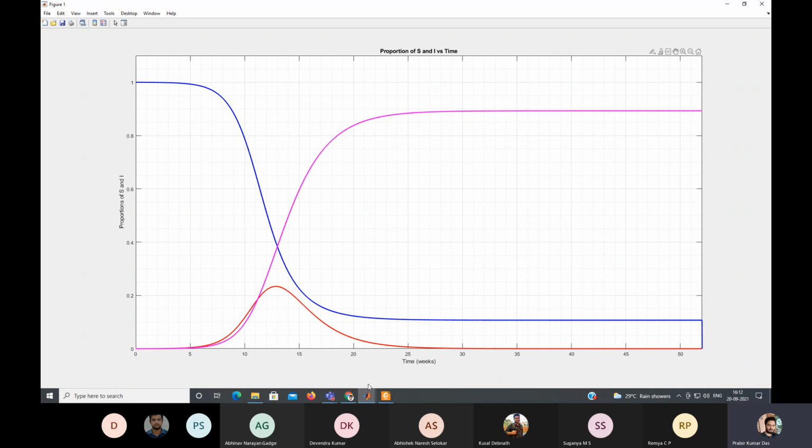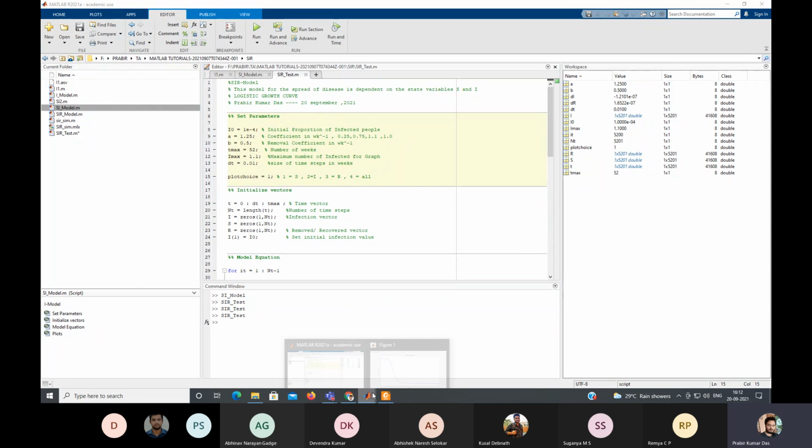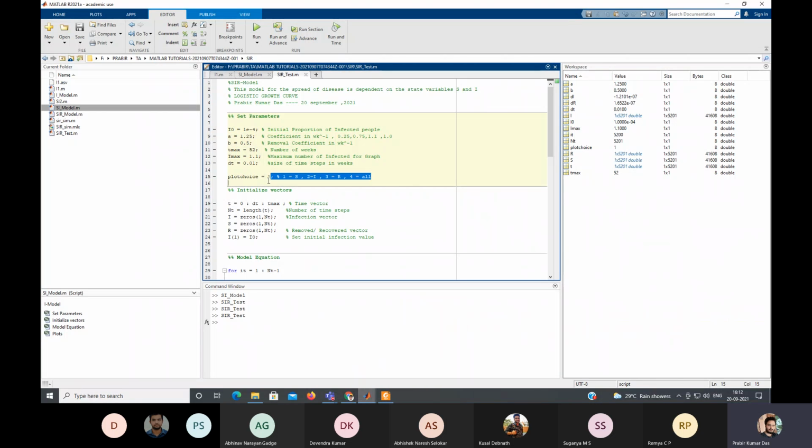So R versus T. We can also plot it differently. If we plot only one, this is the S curve. If we make our choices here, we can change these plot choices and check our plot. Please do not change these values, otherwise your plot cannot be generated properly.